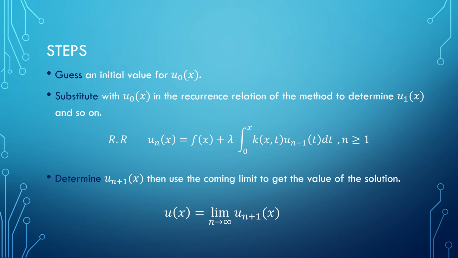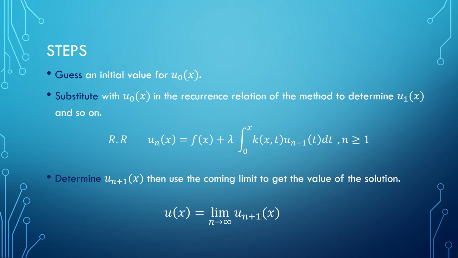If I put n equal to 1, then I will get u1 by the value of u0. And if I put n equal to 2, then I will need u1 to get u2, and so on.